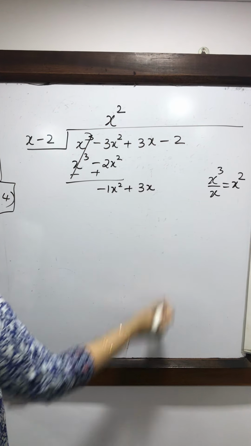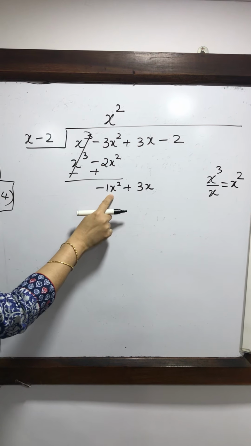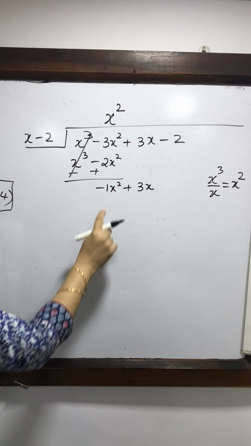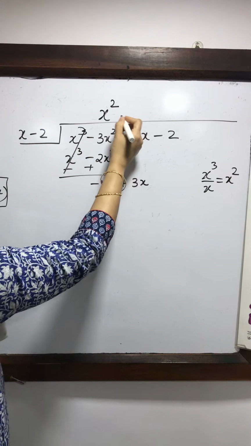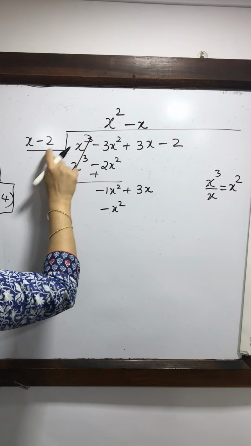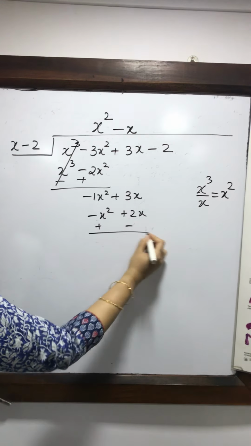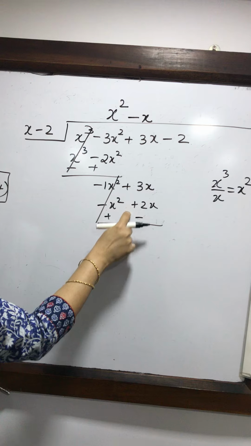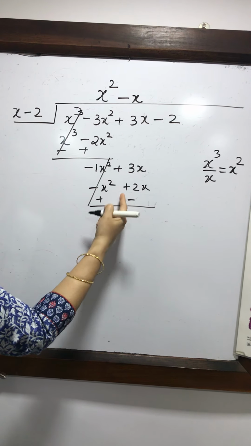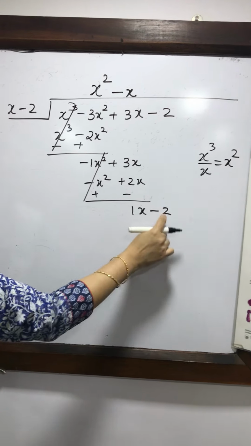We bring 3x down. To find the next term of the quotient, we will divide minus 1x square by x, and by doing so we will get minus x. So that's minus x square, negative into negative is positive, 2x, change signs, cancel the first term. The difference of these two will be 1x, and minus 2 is brought down.